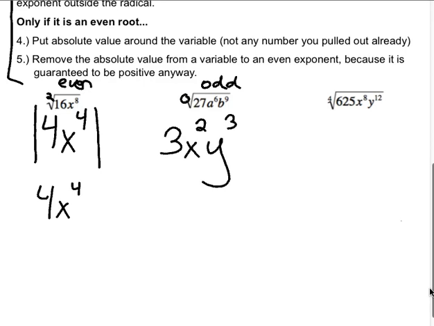All right, the next one, a 4th root. The 4th root, well, that's even again. So now everything I do, I am going to have to put in an absolute value. 625.